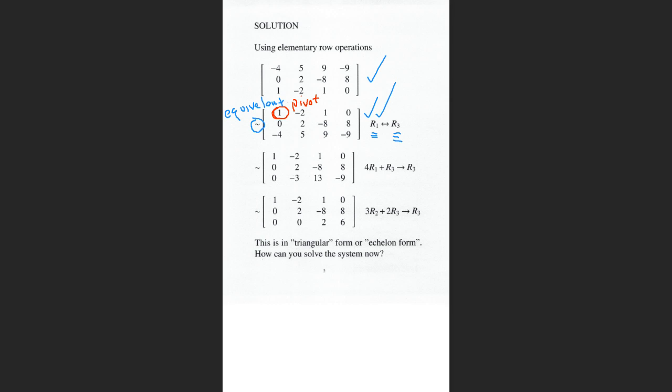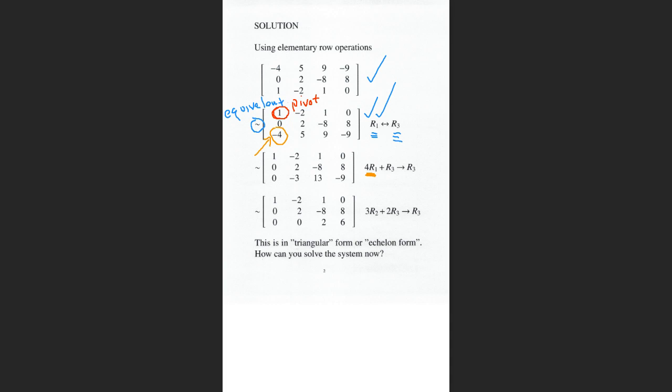Now we're getting a little bit ahead of ourselves. Pivots and so forth are brought up in section 1.2. But what we want to do with the 1 there is, where the -4 is in the third equation, we want there to be a 0. So I'm going to multiply through the first equation by 4.